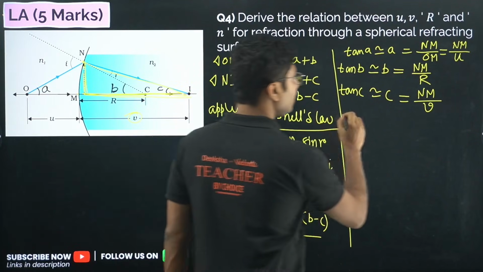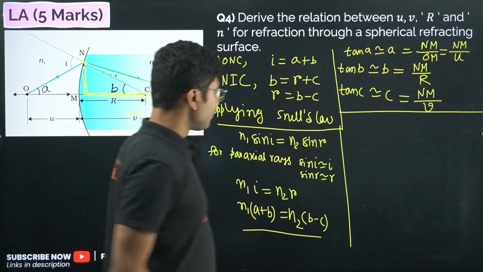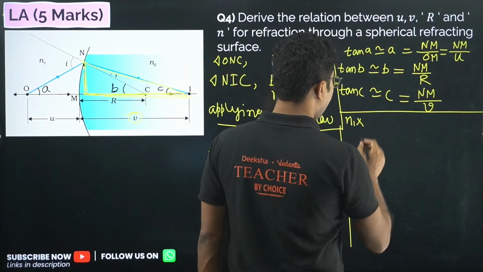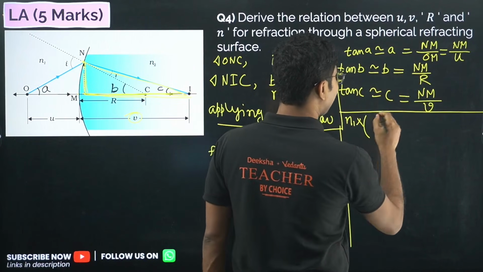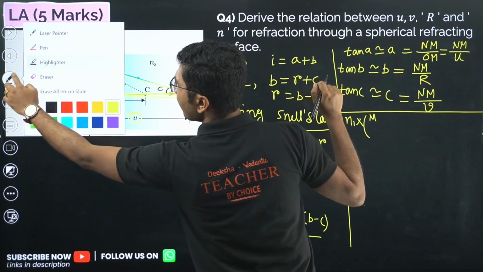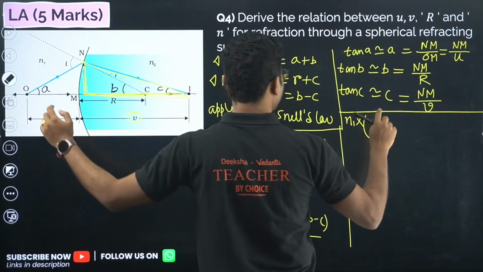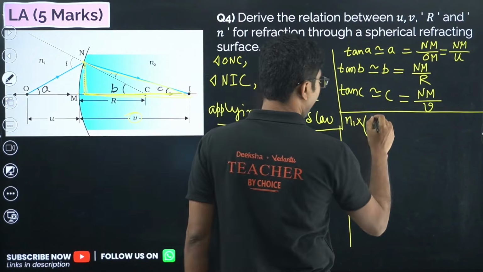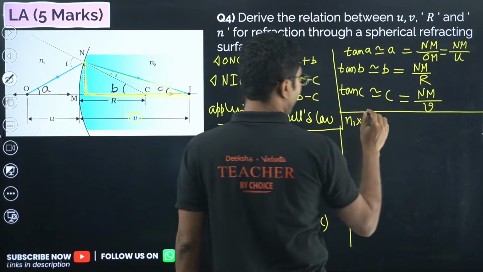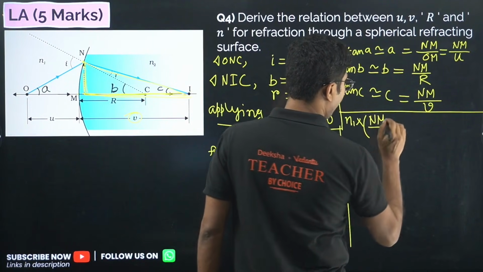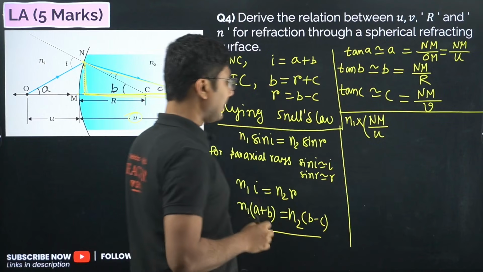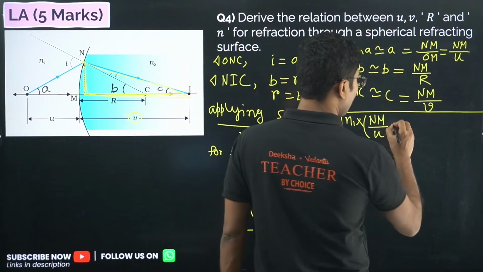So now let's put these values. N1 into A plus B. What is A? A is NM divided by U, plus B. What is B?